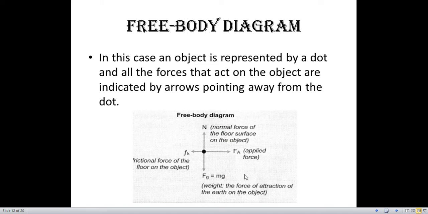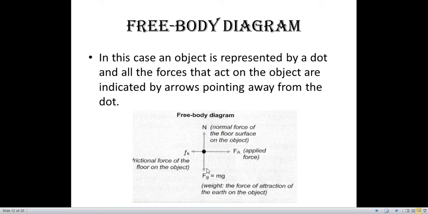The dot here represents the object, and all the forces that act on the object are moving away from the object. You look at your normal force here pointing upwards, your applied force pointing to the right, your force of friction pointing to the left, and your Fg pointing down.